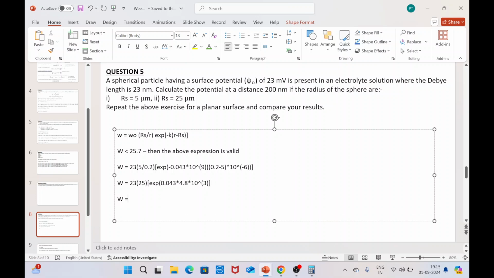So your potential is... just let me, please solve it. If you know the answer, let me know, or otherwise I'll give the answer here.